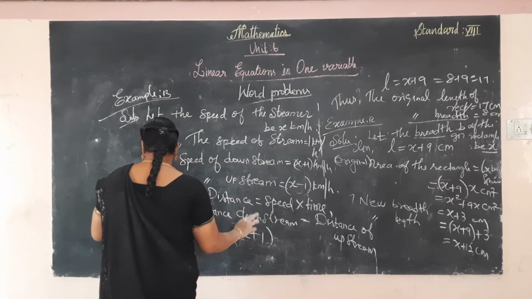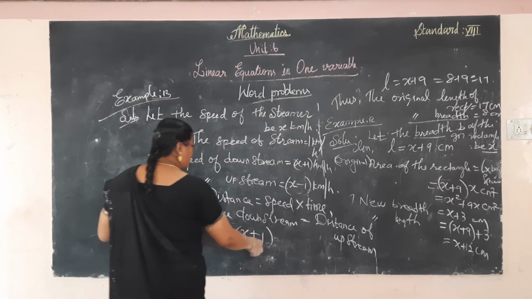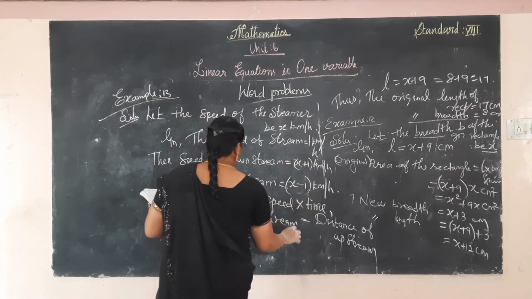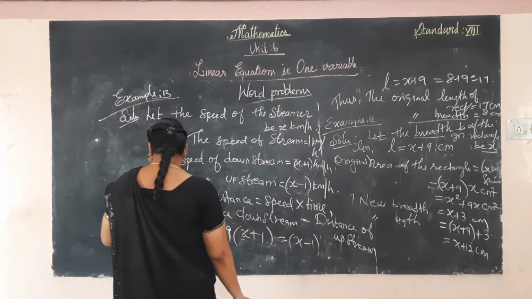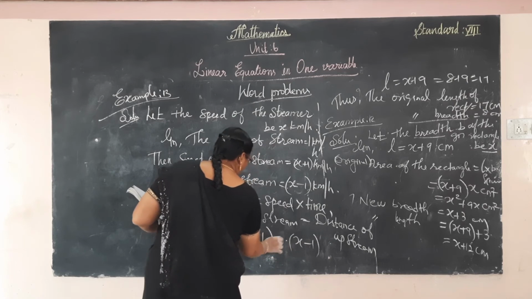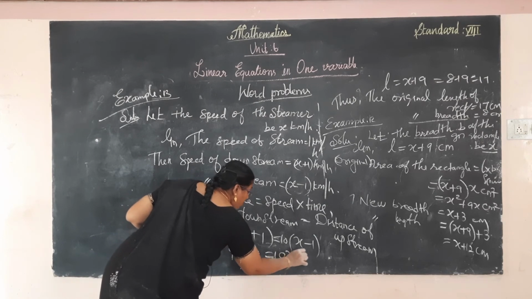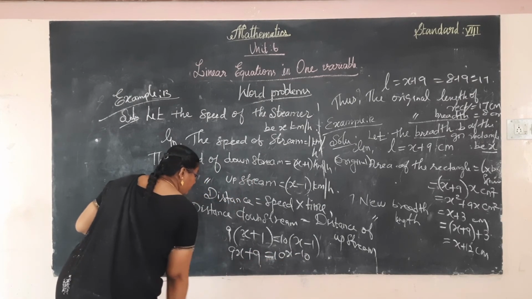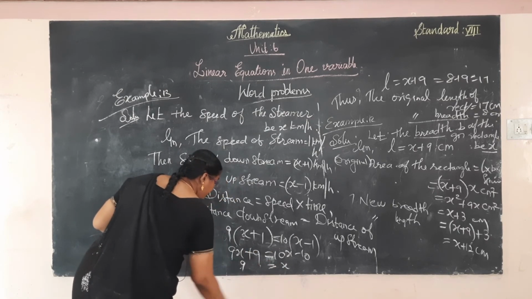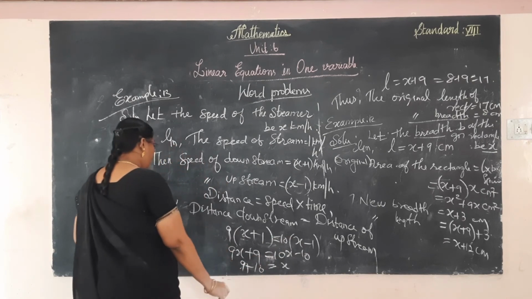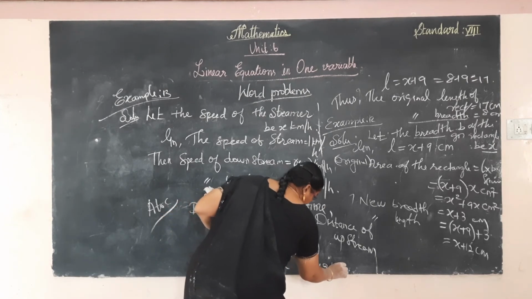So speed into time is equal to, next, upstream, where the speed is x minus 1, and 10 hours is given. Now multiply: 9x plus 9 is equal to 10x minus 10. So 9x moves to that side, x is 9 plus 10. So x equals 19 kilometer per hour.